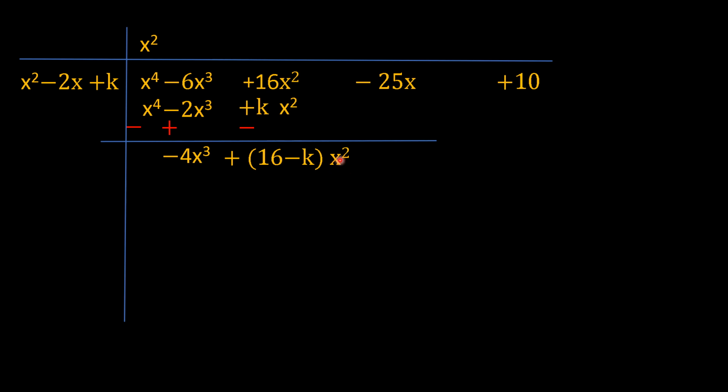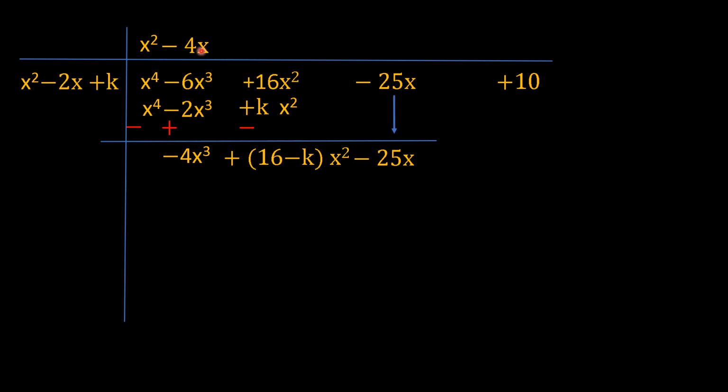After that we will pull down and write over here. Once again we will divide minus 4x cubed by x squared, which will give us minus 4x, which we write here. Now we will multiply the divisor by minus 4x.